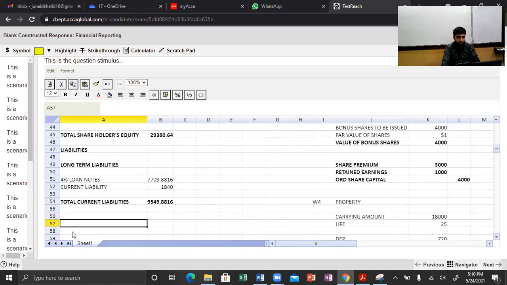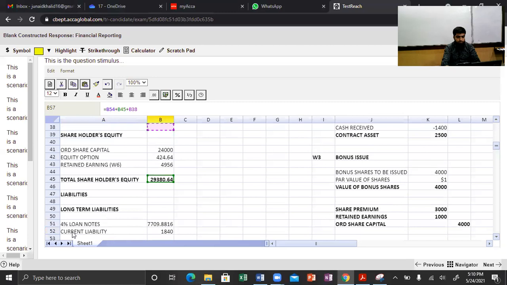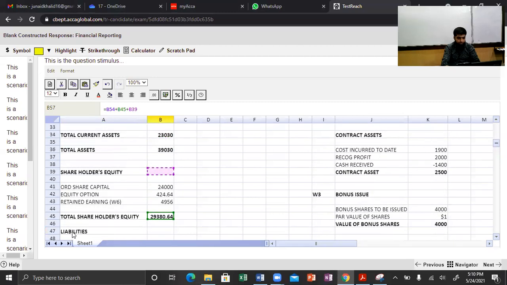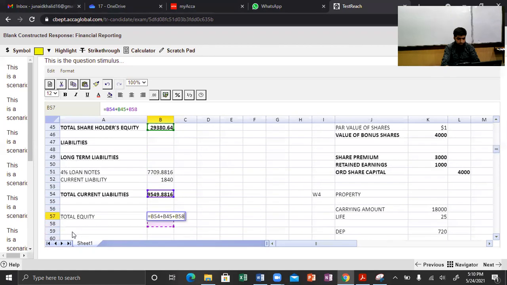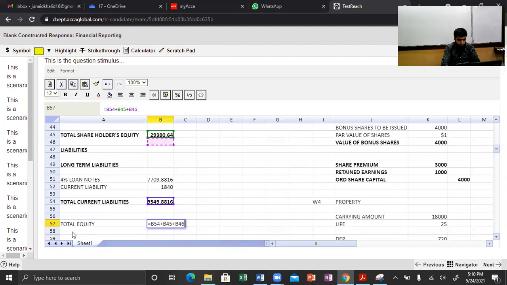Now let's calculate the equity. Total equity, that is current liabilities plus long-term liabilities and plus the shareholder equity. Okay, we have done it. That is the total of long-term liability.